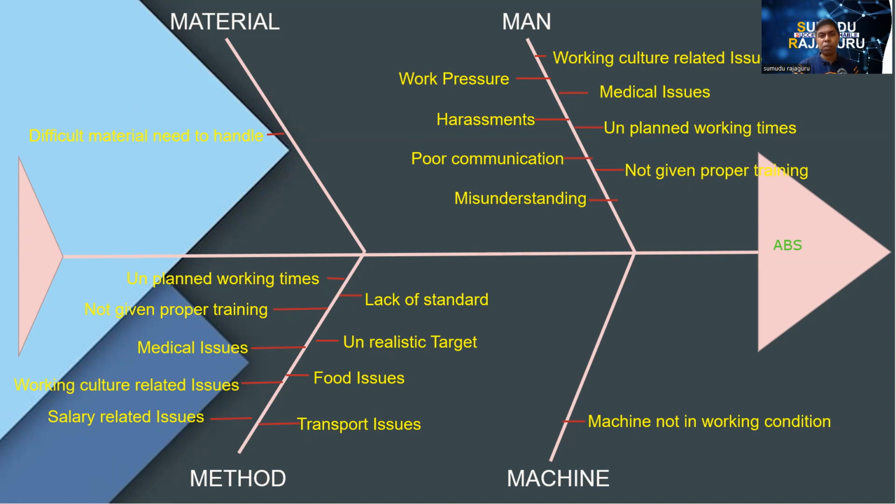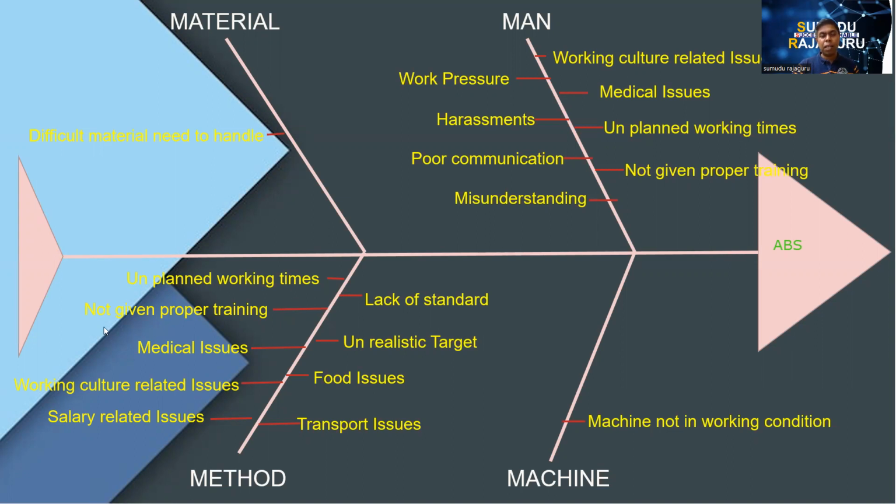You can observe that not given proper training I put under man as well as under method, because sometimes the organization has no proper training mechanism. If so, we can categorize it under method.